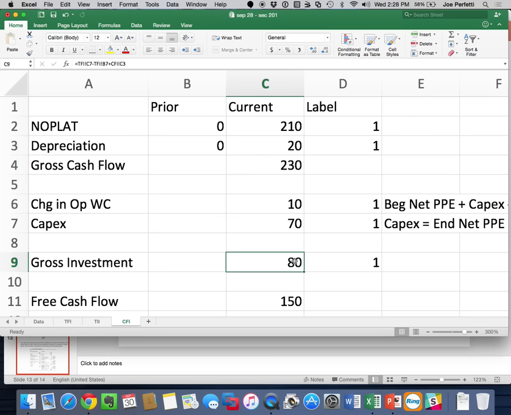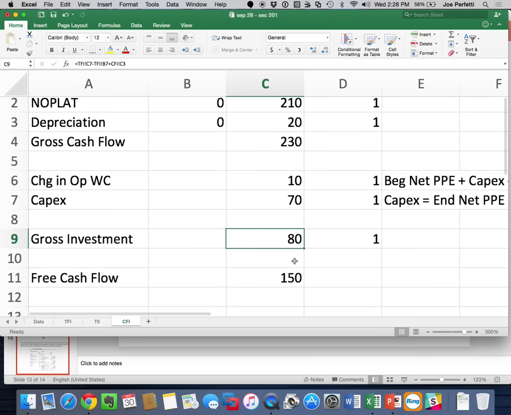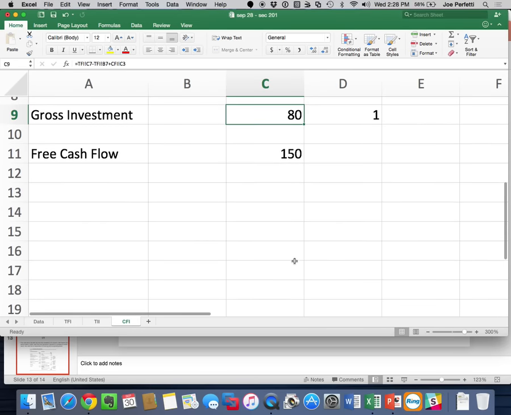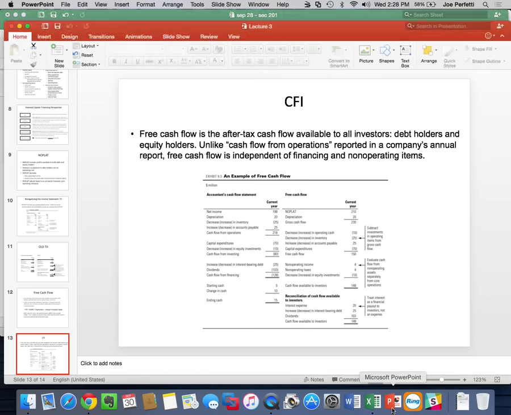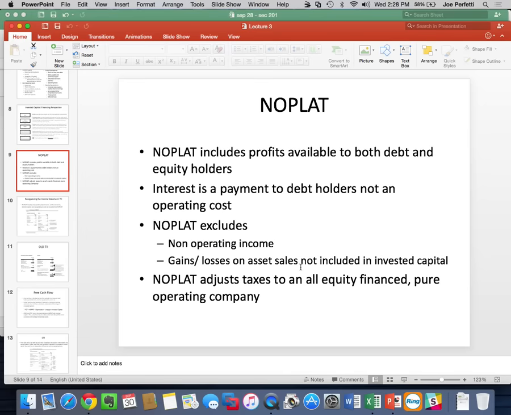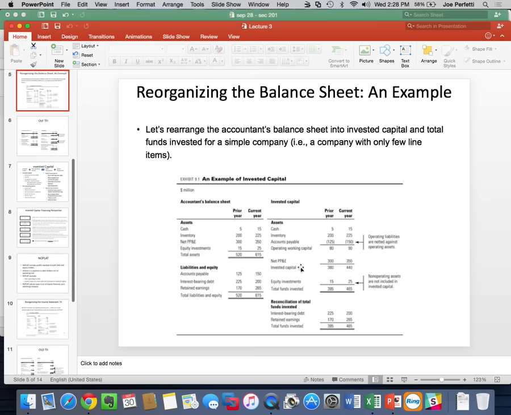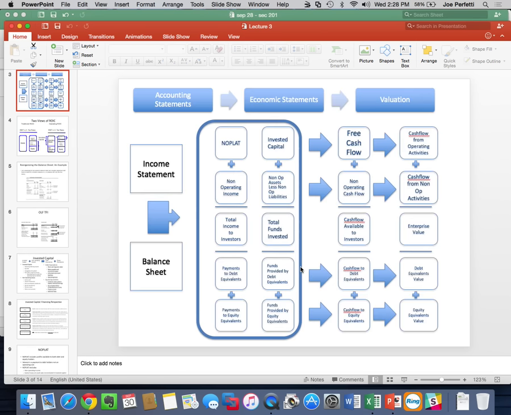All right, so second part of the statement, the non-operating cash flows. As I said, going back to our little infographic, same process. We're going to take the non-operating items from the income statement minus the change in the non-operating items in the balance sheet. Okay, just follow the same process.